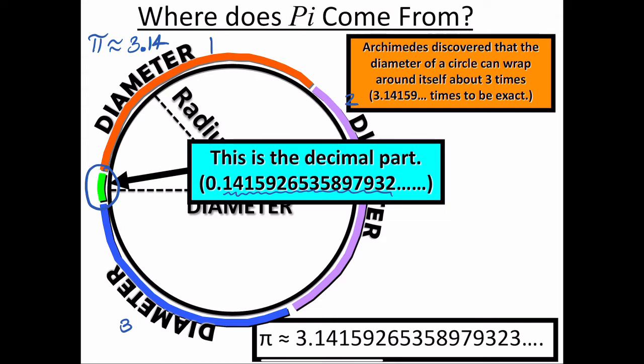But what that basically says is, let's say you have a circle and you just want to estimate. If you know the diameter of the circle, let's say the diameter of this particular circle that I just drew is 8 centimeters. Based on what Archimedes found out, we can probably safely say that the distance around it is going to be 8, 8, 8, I know I'm not doing this to scale, plus a little bit more.